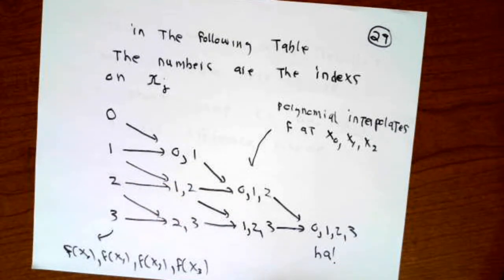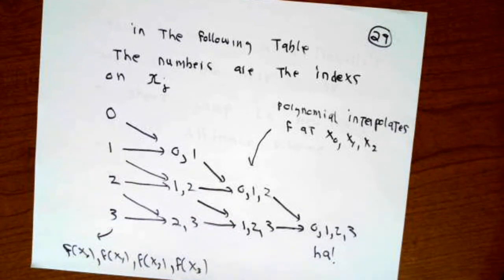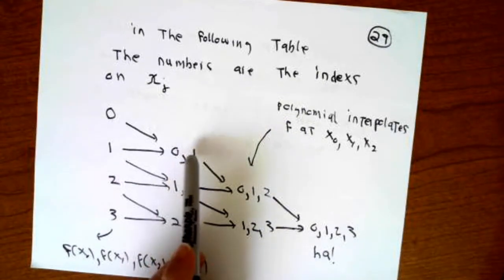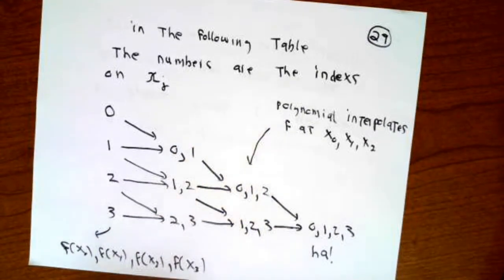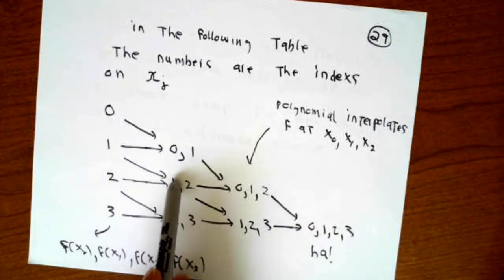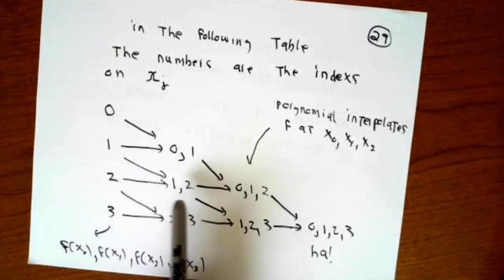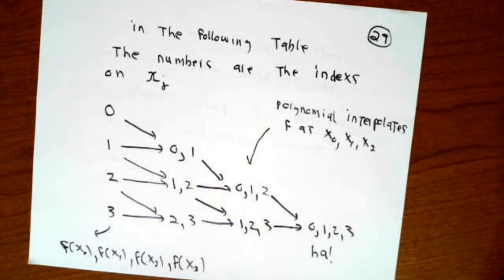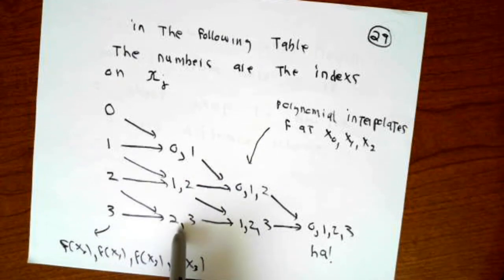Combining the information for x_2 and x_3, I could find a linear polynomial that interpolates at both x_2 and x_3. If you observe these two indexes, 0 and 1, if you increase both of them by 1, you get 1 and 2. If you take the 1 and the 2 and increase both of those by 1, you get 2 and 3. This is the kind of setup we need to have in order to take advantage of that R formula.